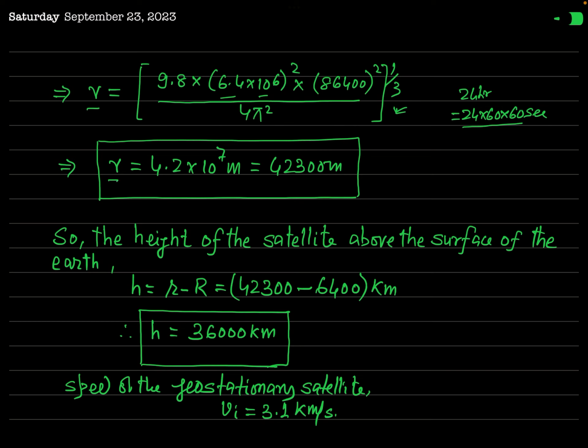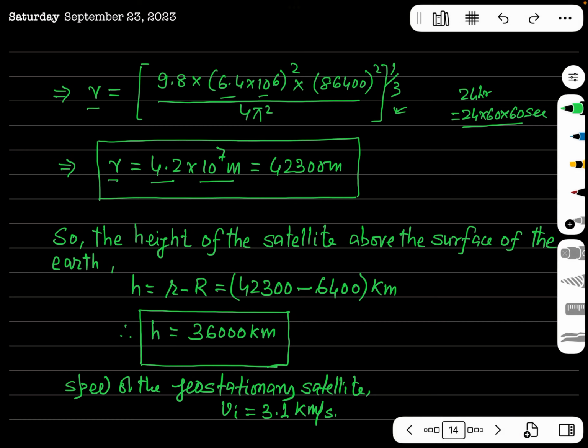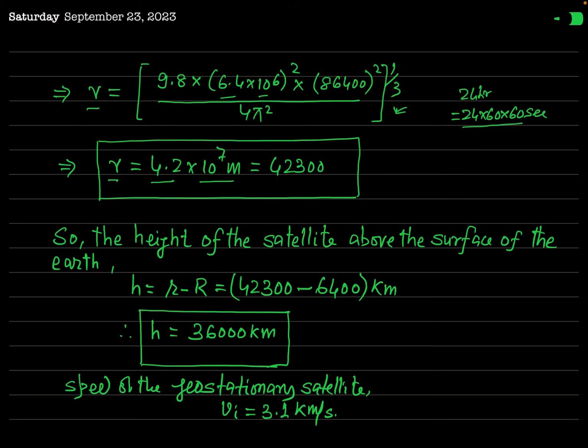So I have substituted the standard value of all the quantities in the RHS of that expression, and on simplification you will get that this small r is equal to 4.2 into 10 to the power 7 meter. And this is almost equal to 42,300 kilometer. So you must remember it.